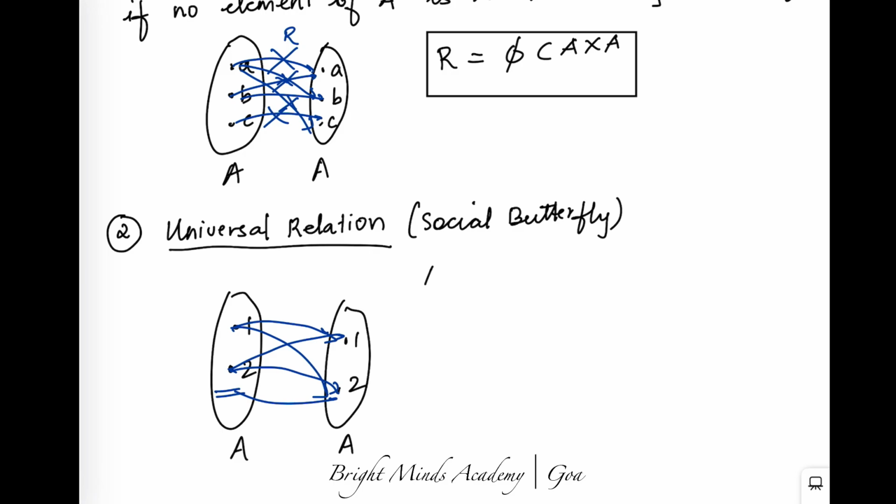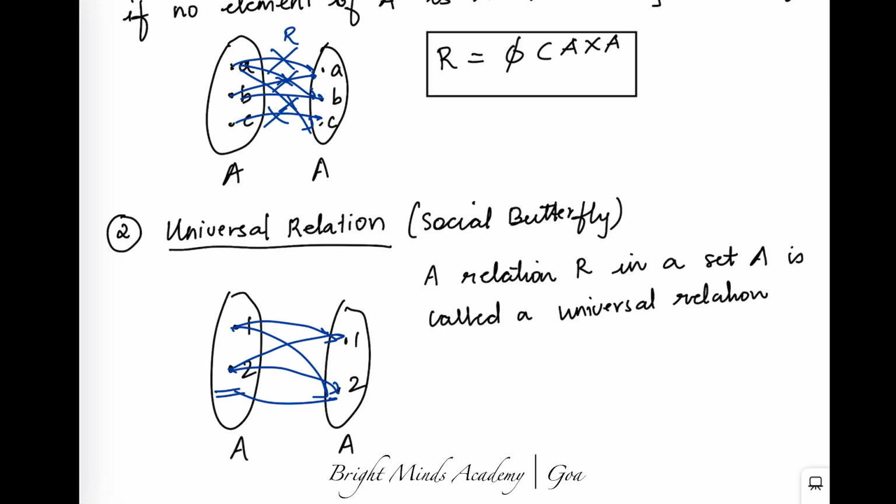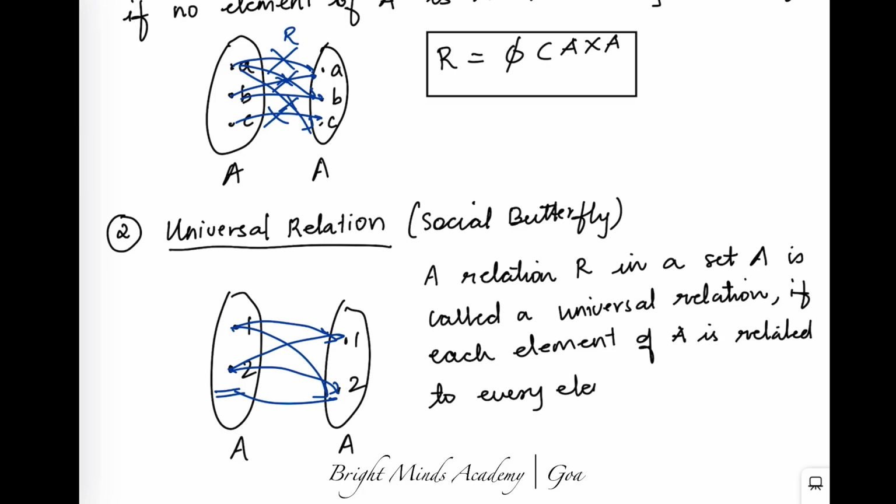So the definition we're going to write this way: a relation R in a set A is called a universal relation if each element of A is related to every element of A. So basically you take each and every element of A, for example 1 is related to all other elements. 1 is related to 1, 1 is related to 2, and if there was one more element 3, then 1 would also be related to 3.